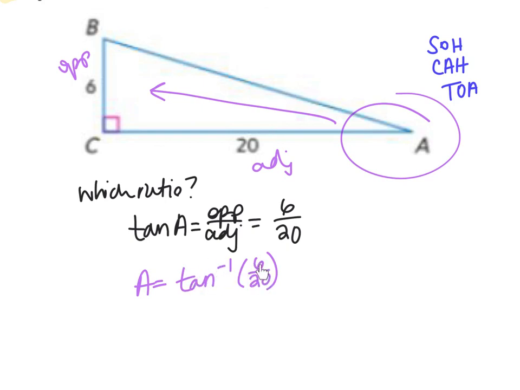Set your ratio fraction in the parentheses, okay? And then once you type that in, you should get that A will be about a measurement of 16.7, okay? So when you have 6 and 20 as your side lengths, this angle A is about 16.7 degrees, okay?